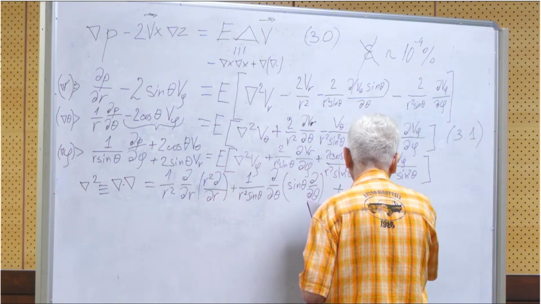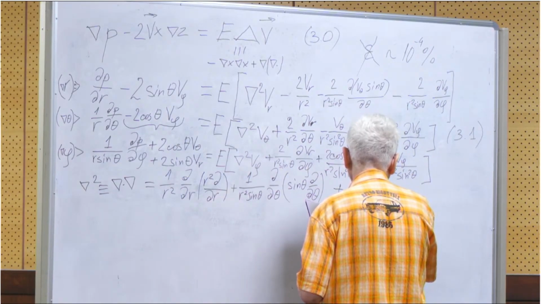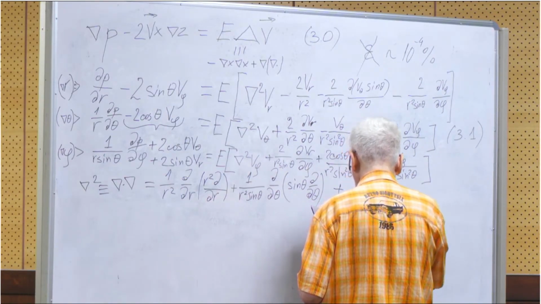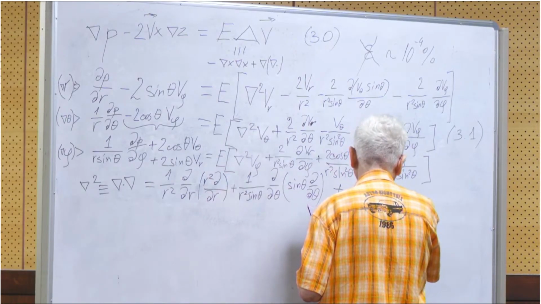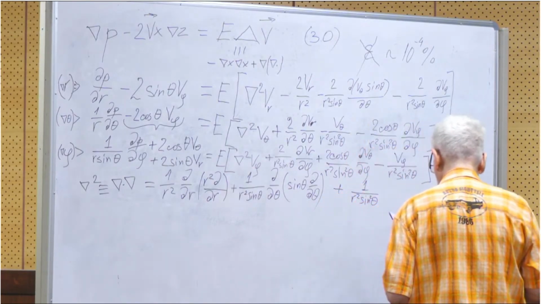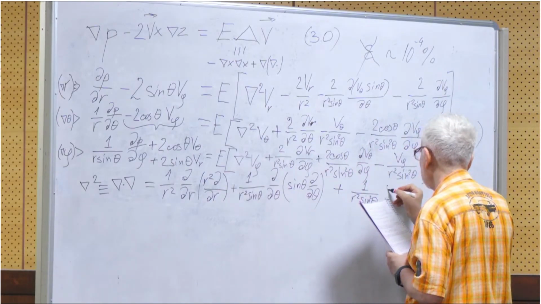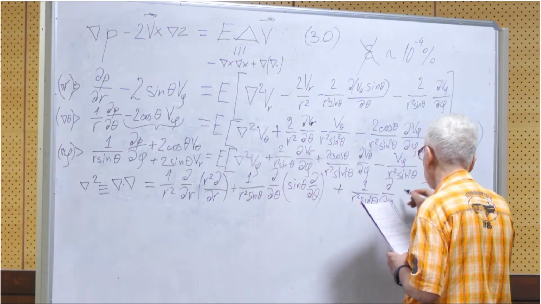It's just the multiplication of all the Lamé coefficients squared, and the double partial derivatives with respect to phi.